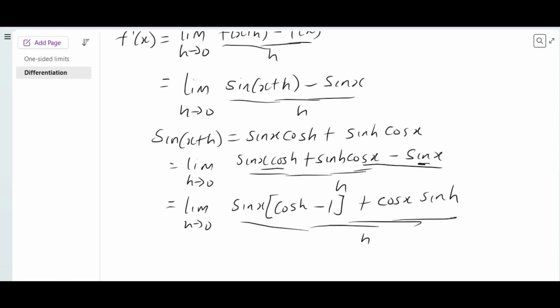Now look at something. Because we are taking the limit as h approaches 0, any term without the h is treated as a constant, which can be factored out, right? But before I factor out those constants, I'm going to break this limit into two.